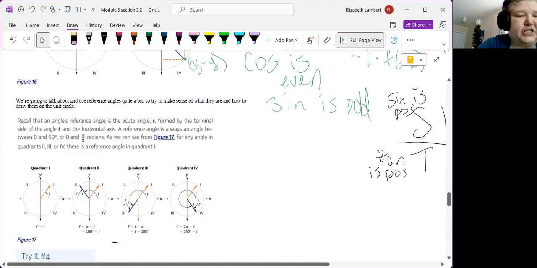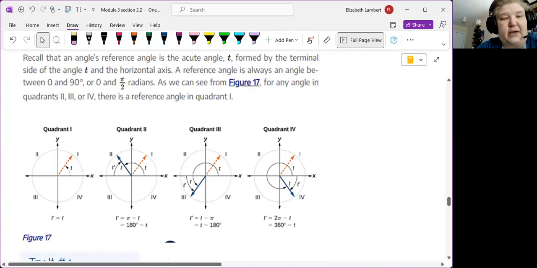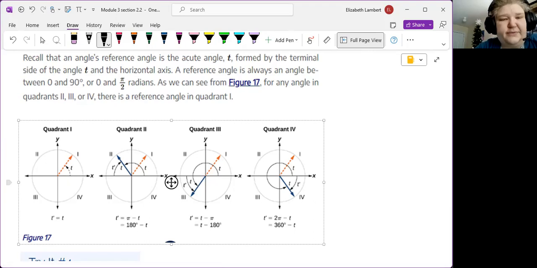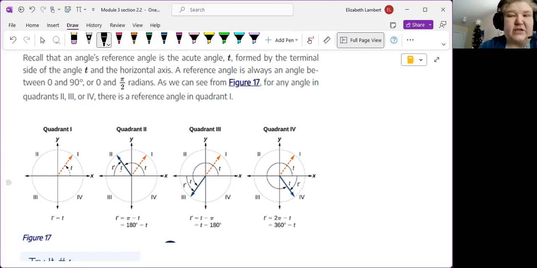So on each of these, like if T is in the first quadrant, then it is its own reference angle. If we move over to the second quadrant here, then our reference angle is the rest of whatever it takes to get to 180 degrees, a flat line. So I often look at that and I'm just thinking in my head, all right, how much more to get to 180?